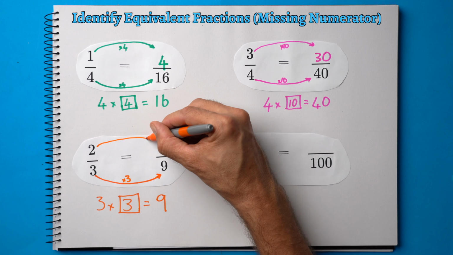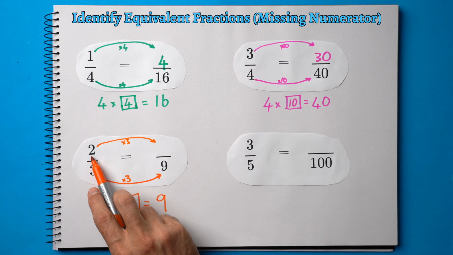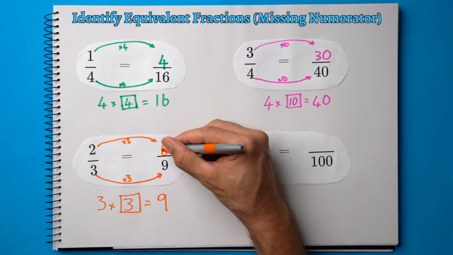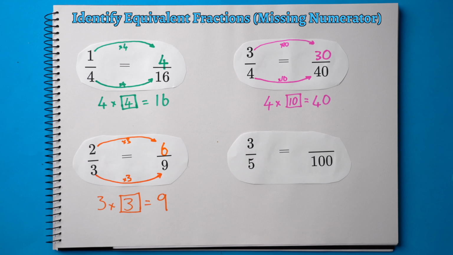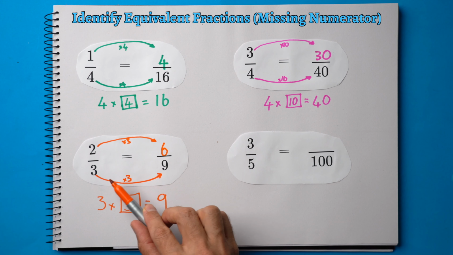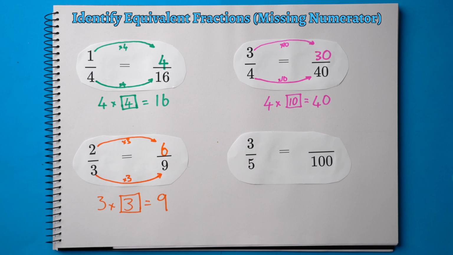Our numerator is also got to be times 3. And we have 2 times 3 would give us 6. So it's just a process to follow, really. We've got to work out what the multiplying factor is, and then we just multiply, well, the bottom's already multiplied for us, and we just have to multiply the top. It's pretty easy if we follow the pattern.